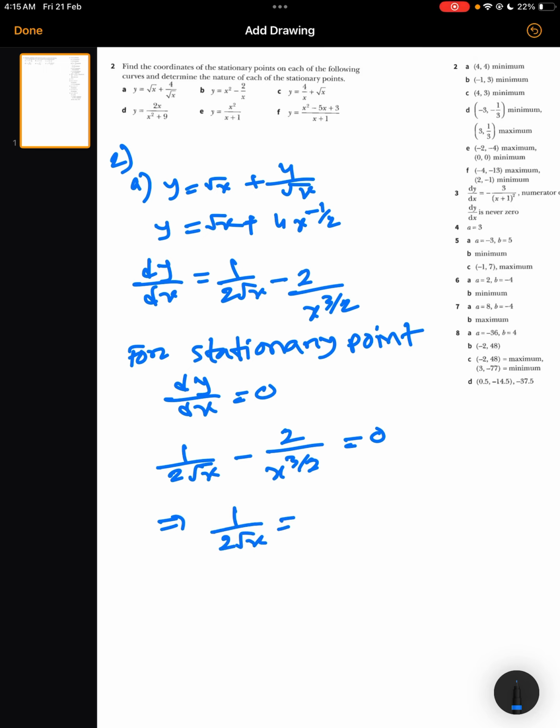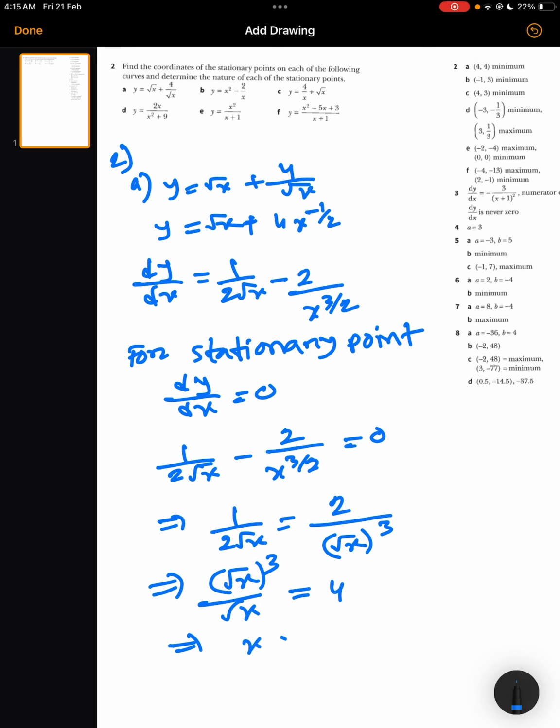So 1 by 2 root over x equals 2 by root over x to the power 3. So root over x to the power 3 over root over x is 4. So we can say that x is equal to 4.